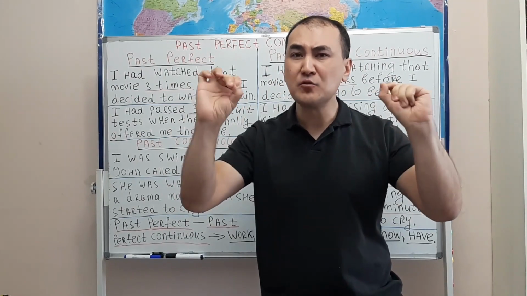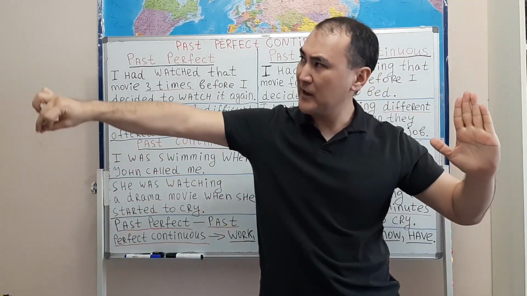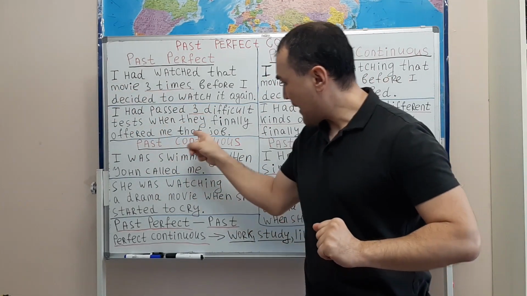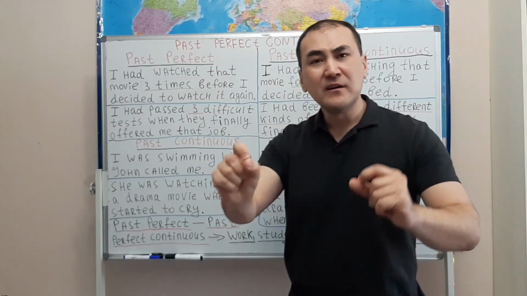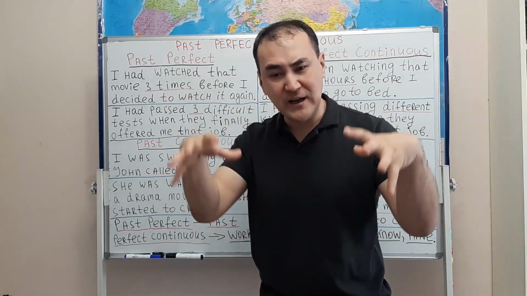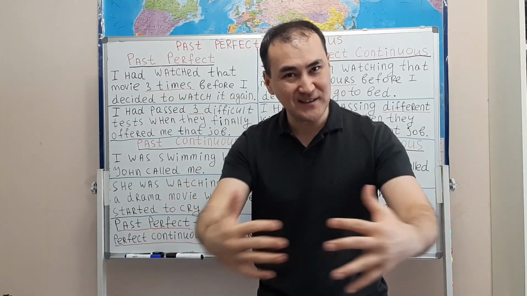It emphasizes the duration of time, okay? From that point until that point, this line, duration of time. And past continuous, guys, emphasizes only that the action was happening right at that moment, right? Action was in process, all right?